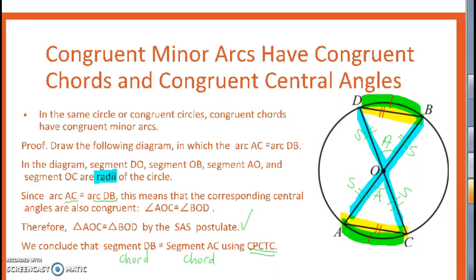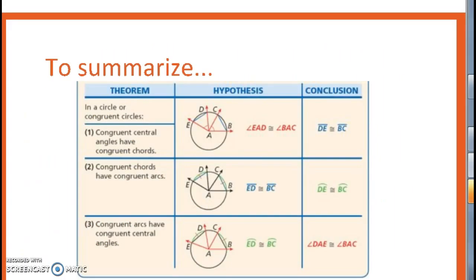So let me summarize the properties that we've talked about so far. Our first theorem says that congruent central angles have congruent chords. If I'm told that I have two congruent central angles, angle DAE and angle CAB, you can see that they're given as congruent with these arc marks.